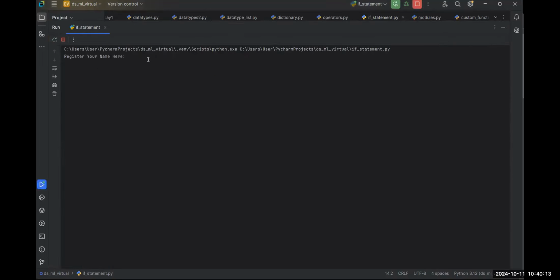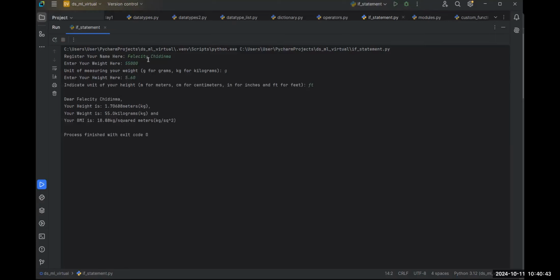So here we have the name as Felicity Chidinma, and then the weight is 55, that is 55,000 grams, and we are using grams, and then the height is 5.60 feet, and we said we are using feet, and this is our result.